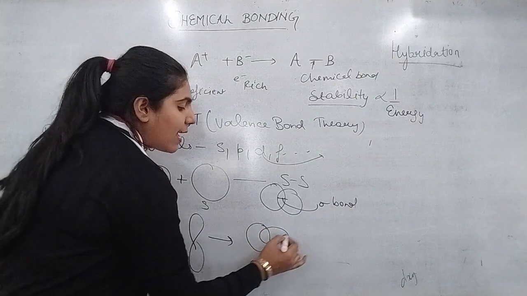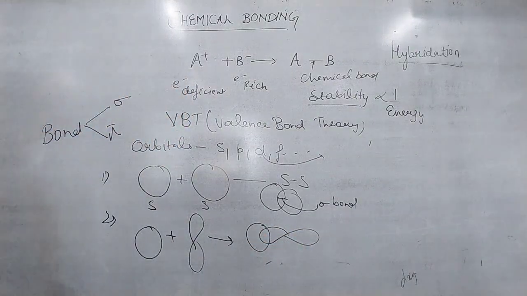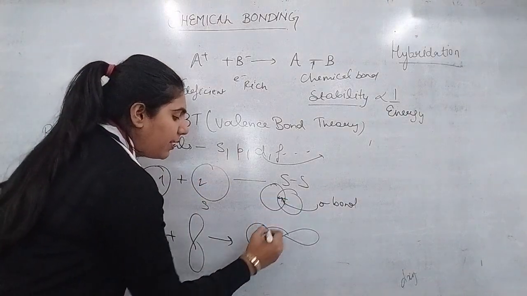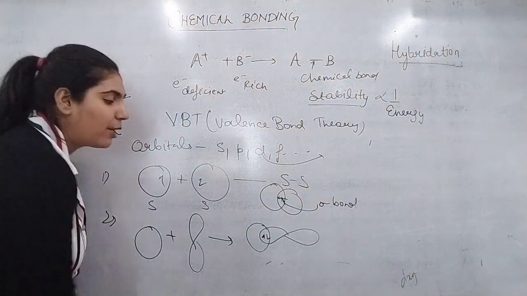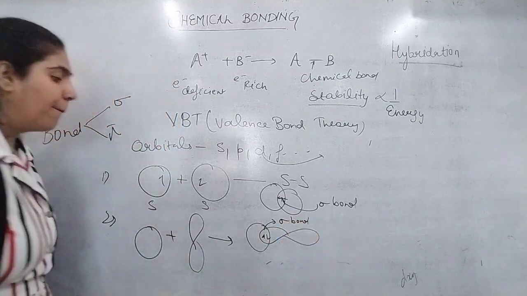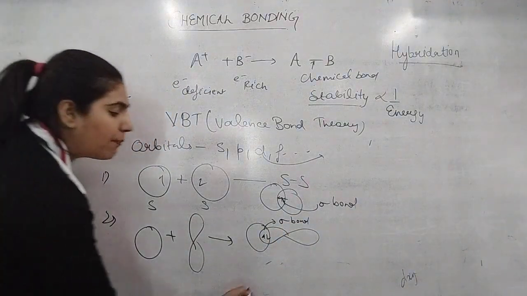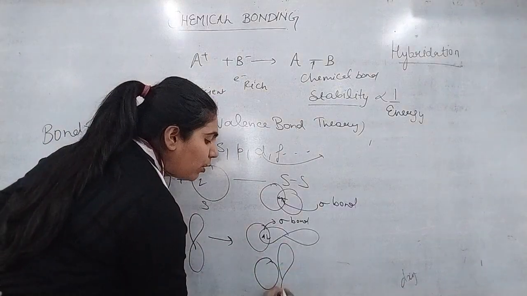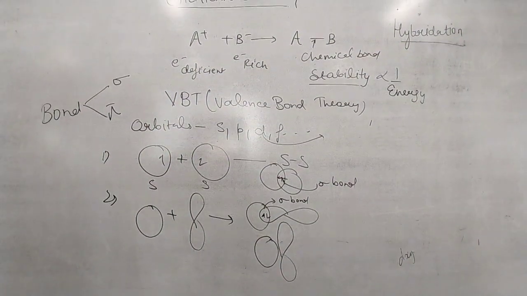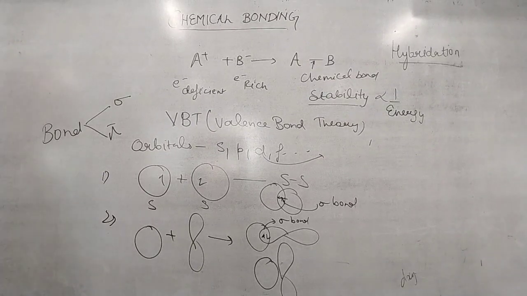If they are combining axially, or end to end, or head to head, there is a possibility of making a bond, that would be a sigma bond. But if it is combining laterally, there will be no bond formation.